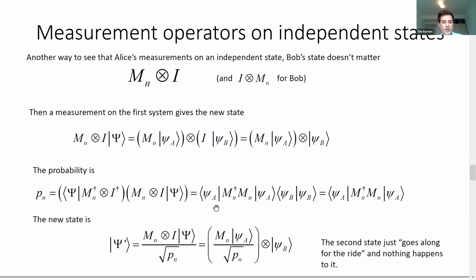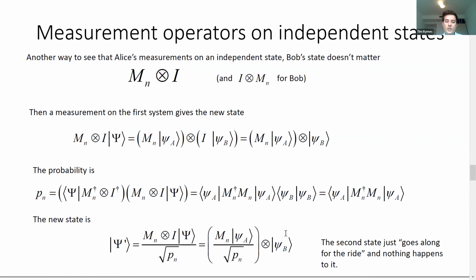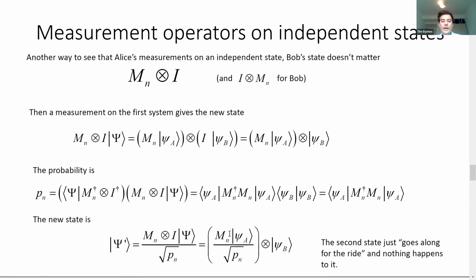This shows you get exactly the same result as what we previously saw: the probability is simply this thing, and the new state is this thing, except it has this Bob state floating around, which doesn't really take part in the calculation, it's just sitting there. The results are very similar to what we had previously without the composite system.